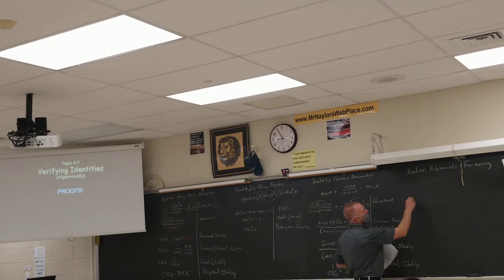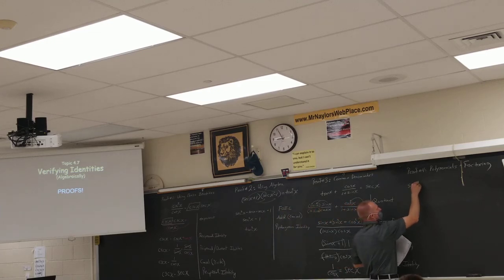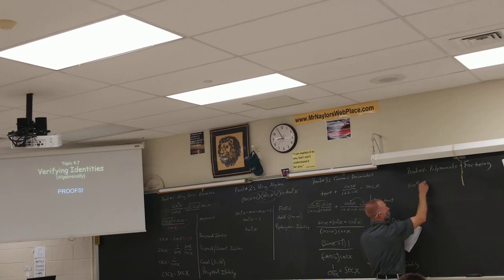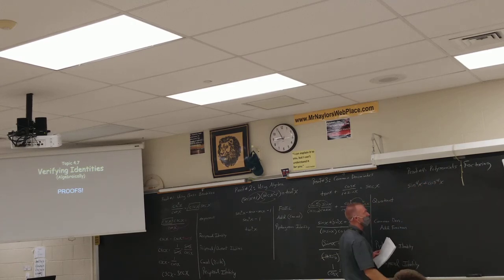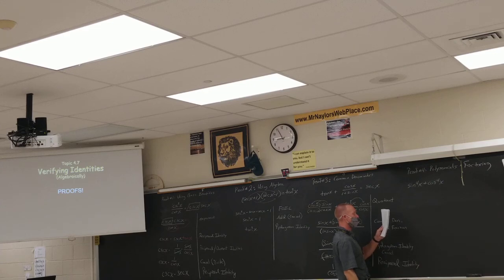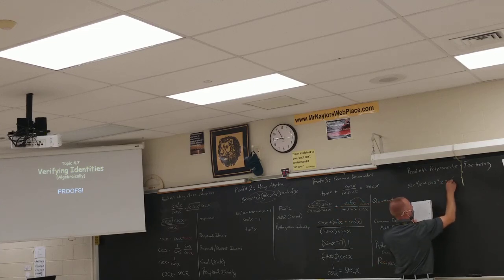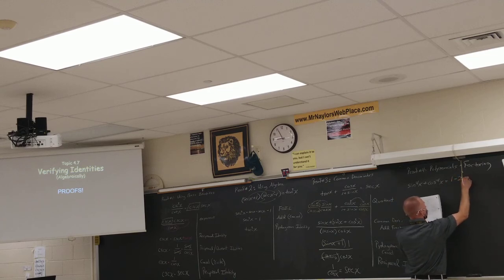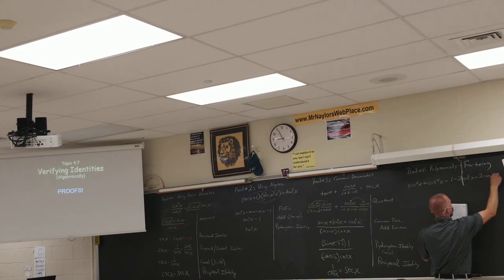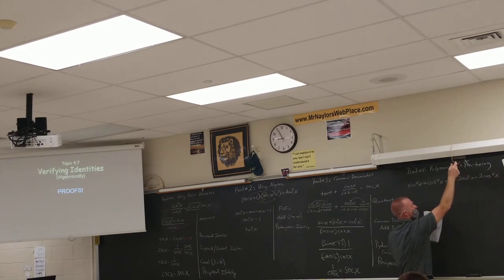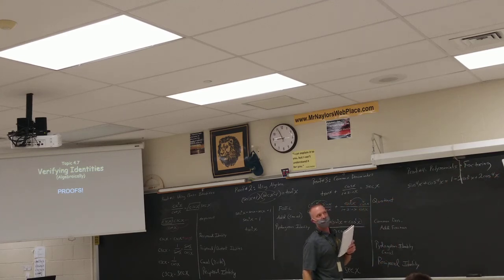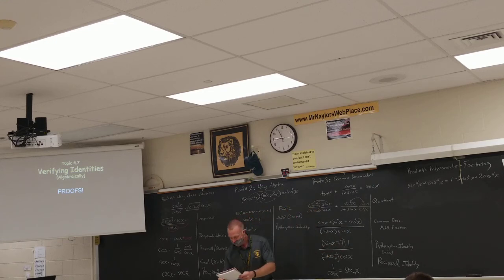And I guess what I'm trying to argue here is that if you see something of this form, sine to the 4th plus cosine to the 4th equals 1 minus 2 cosine squared plus 2 cosine to the 4th. Now that can look a little intimidating, but we want to feel like this is a polynomial.